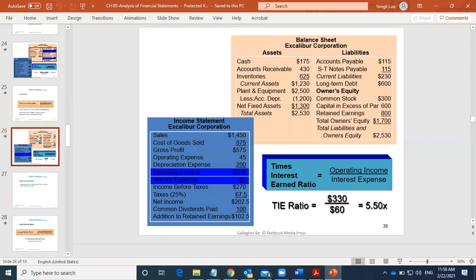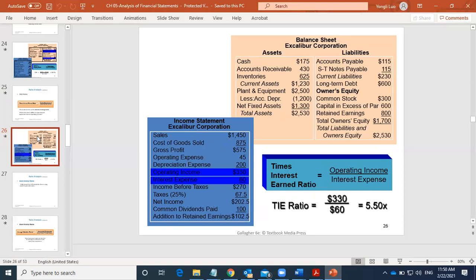So operating income divided by your interest expense is the times interest earned. Sometimes it is called the interest coverage ratio. It's the same thing. The ratio has to be greater than 4 in order to get a loan from the bank.